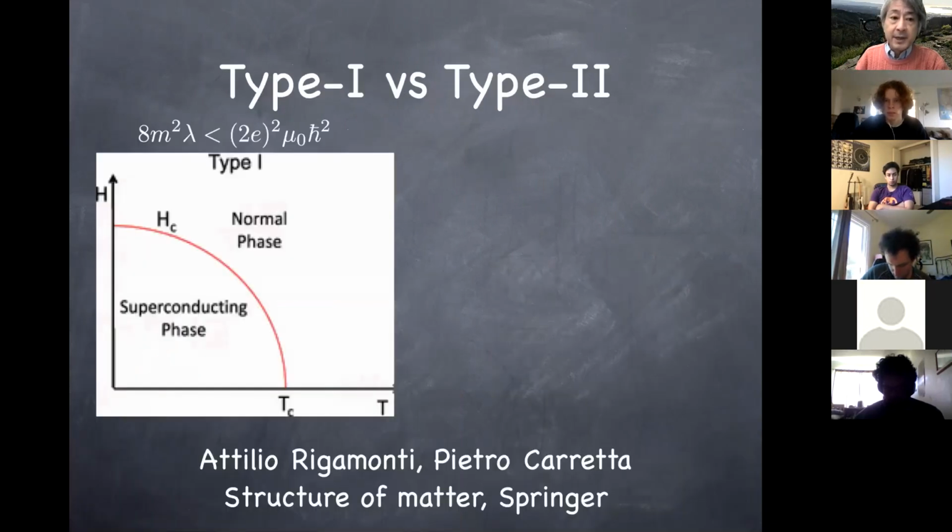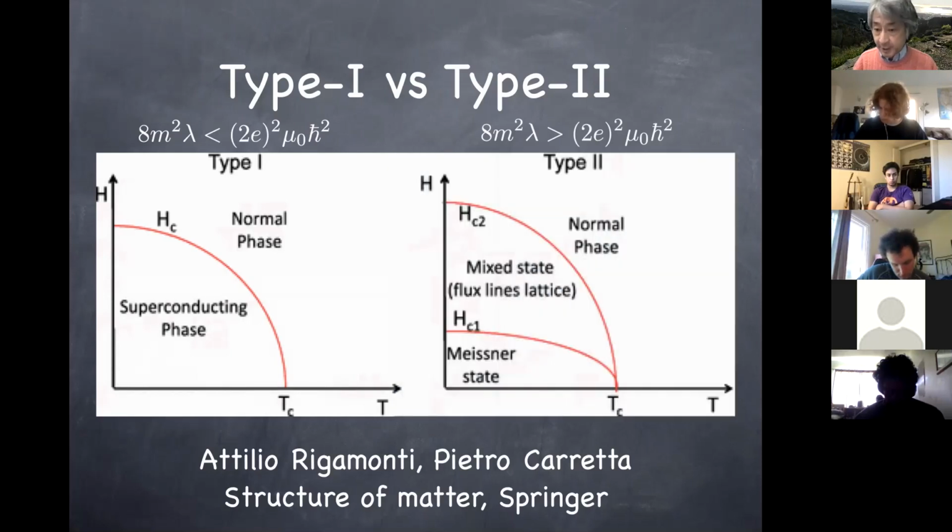So depending on the relative size of this repulsive force given by this psi to the fourth term in the Lagrangian, and electromagnetism described by the size of the charge of Cooper pairs 2e, depending on which force is stronger, you can have either type 1, where the vortices attract each other and destroy the superconductivity completely, or the vortices repelling each other, so that you can have these vortices punching through the superconductor, staying away as much from each other as possible, forming a triangular lattice. So it just depends on the nature of the material, how strong the repulsive force is among this condensate of the Cooper pairs.